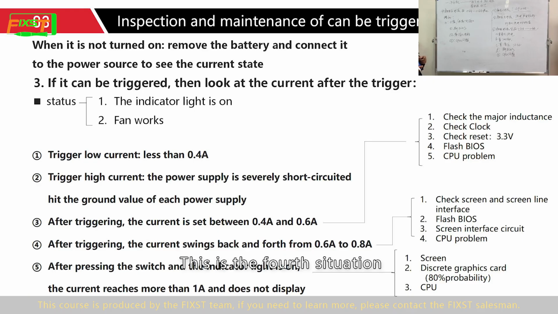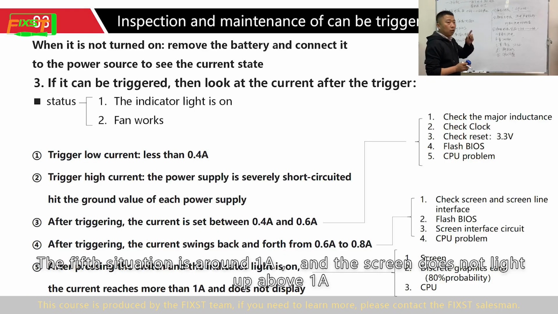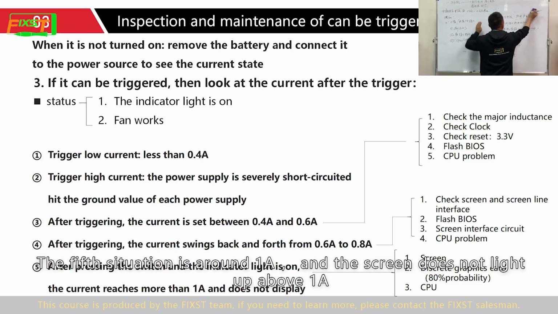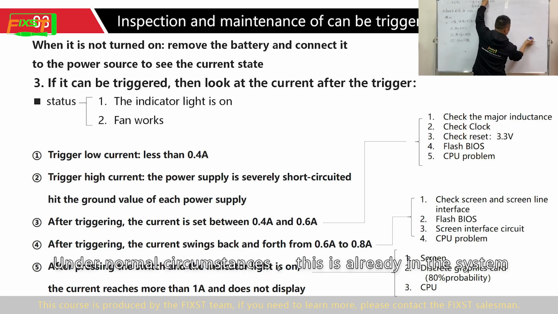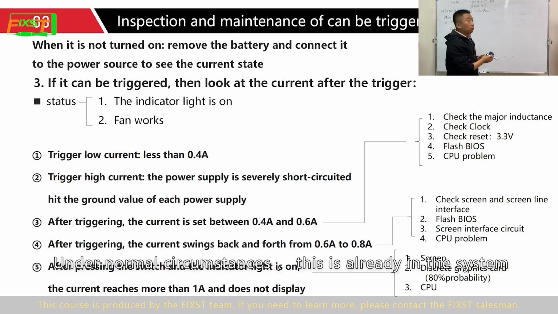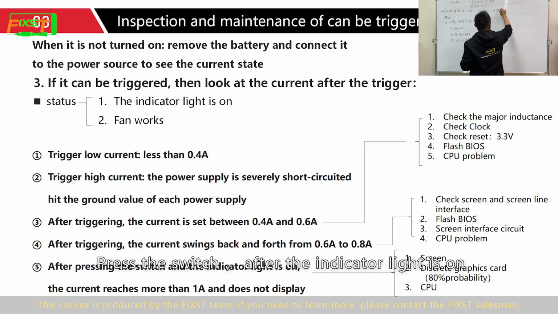This is the fourth situation. The fifth situation is around 1 ampere and the screen does not light up. Under normal circumstances, this is already in the system. Press the switch after the inductor light is on.